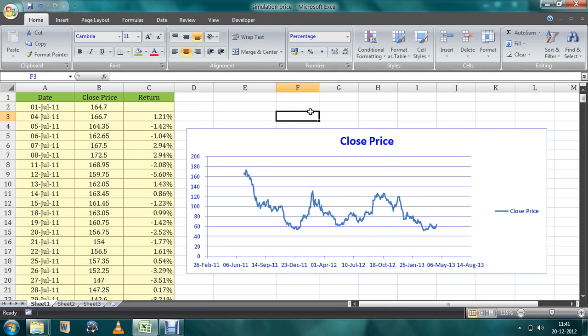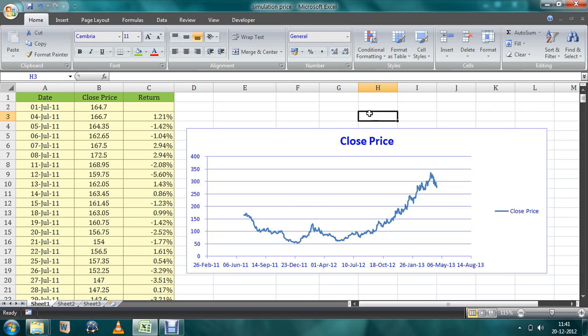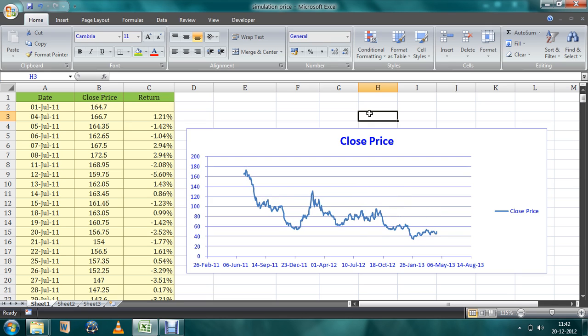See this one, from here it is changing, because till here the historical prices are constant, but from here, using random number generation, the prices will continuously change. If you see, this stock many times is going down only. In only one case it went up, in all other cases it is going down.